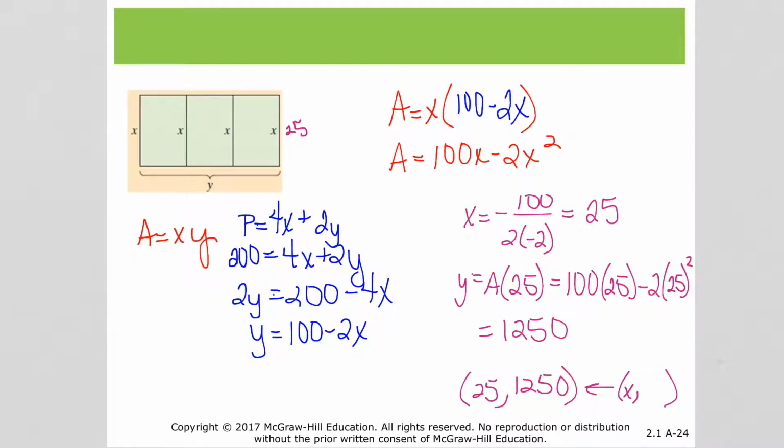Now 1250 is not y. If we look back, we used the formula where a equals stuff with x in it. Okay, so a is our area value. We just found the maximum area. Okay?